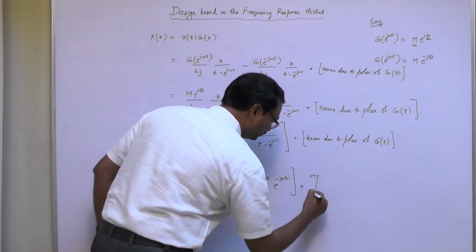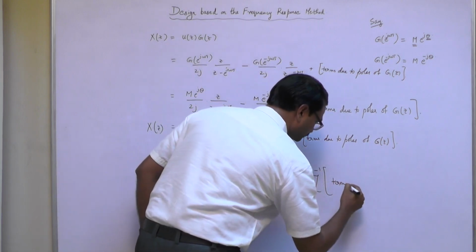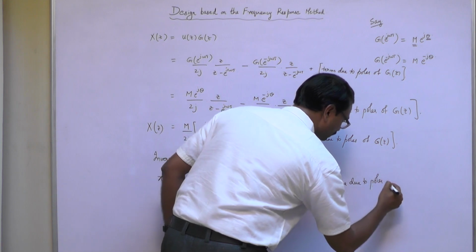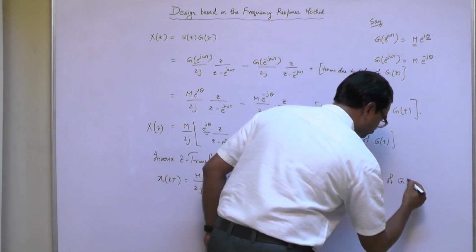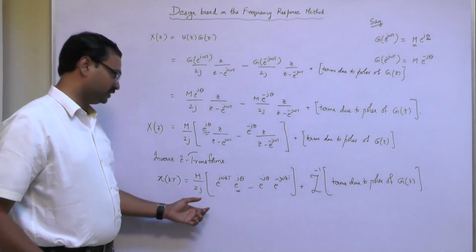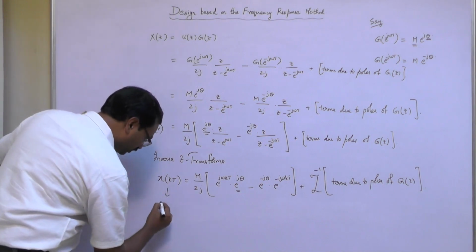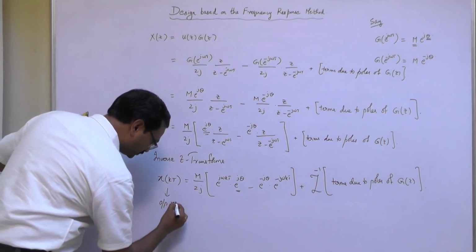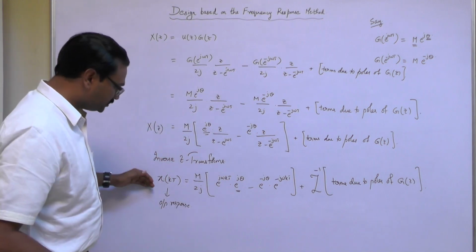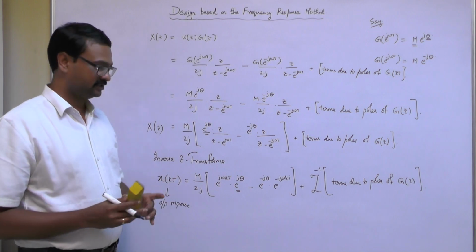Plus inverse z transform of terms due to poles of G(z). Now you have two different terms, and this is our output response. This output response has both steady state response and transient response.